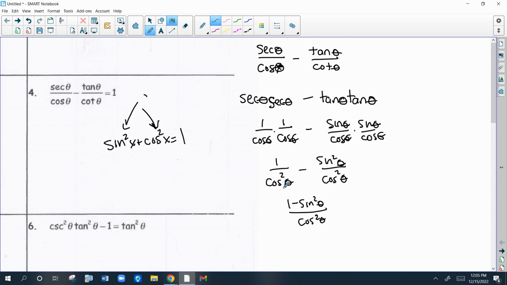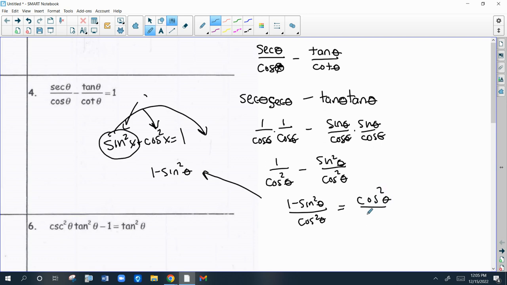The top of my fraction is 1 minus sine squared. So according to this Pythagorean identity, if I move this over, 1 minus sine squared is equal to cosine squared. So that 1 minus sine squared up top is cosine squared.